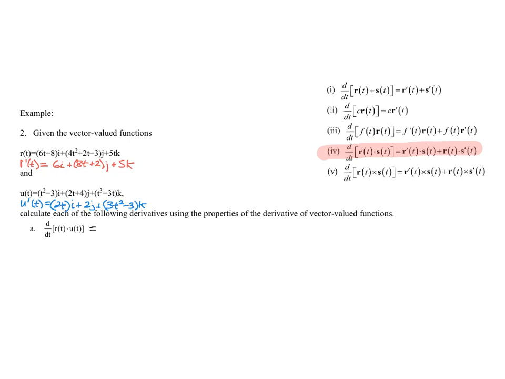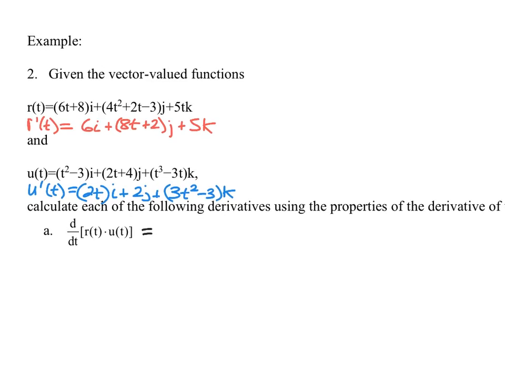The only time it's actually going to matter is when you get into the cross product, because we know that when you cross two vectors, the anti-commutative property comes into play, right? So you don't want to mess around with the ordering on the cross product. The dot product doesn't matter which way you do it. But I'll follow the formula. So R prime dot U plus U prime dot R.